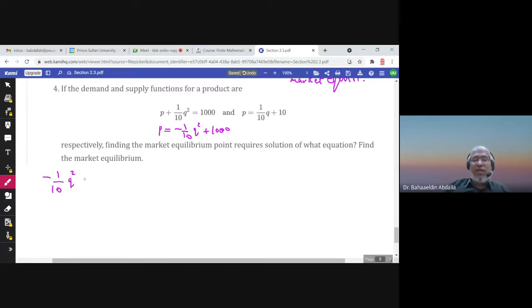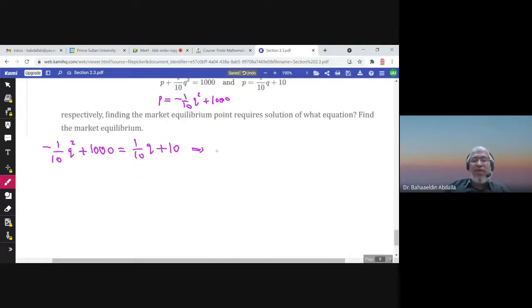So I write negative 1 over 10 q squared plus 1000 equals 1 over 10 q plus 10. So this is another way, okay? Or you can plug P equals 1 over 10 q plus 10 here, substitute with P here, and you will get the same equation at the end.